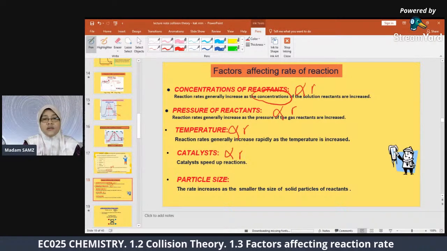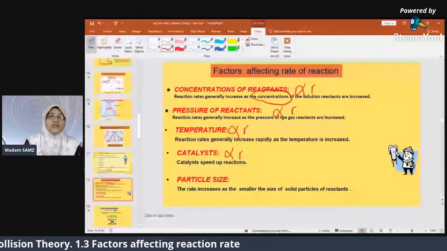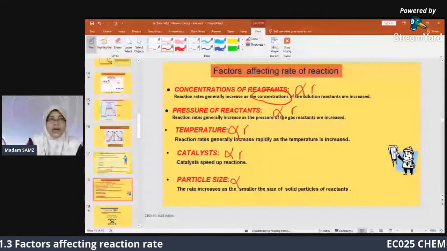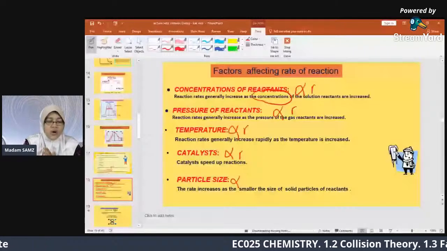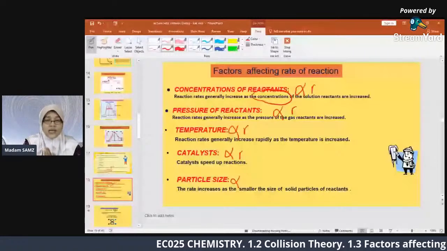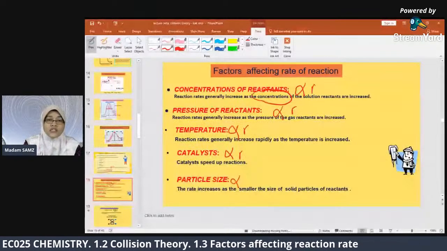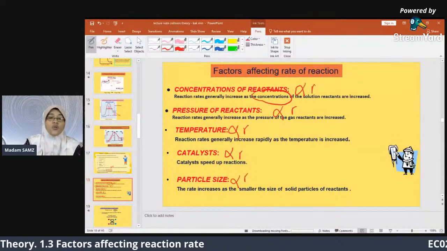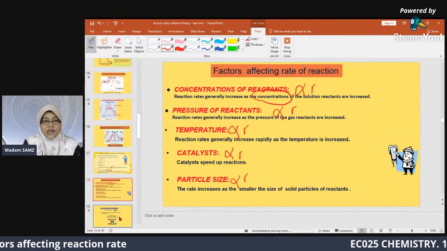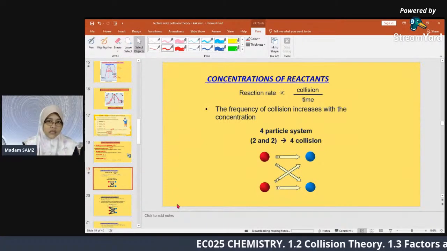So with a smaller particle size, the surface area is bigger, there are more collisions, and the effective collisions are higher. We can conclude that smaller particle size means bigger surface area, so the rate of reaction is faster. Now we go into detail, from concentration to particle size.